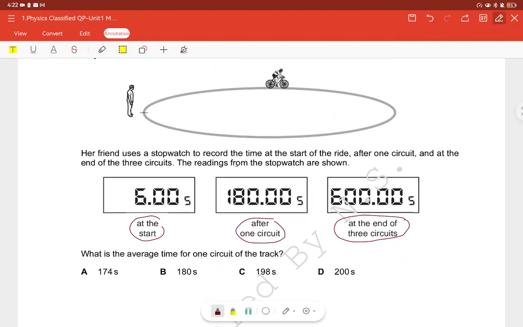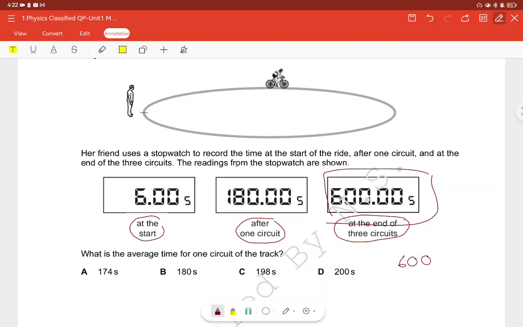What is the average time for 1 circuit of the track? The average time, of course, is the whole time divided by the number of rounds.